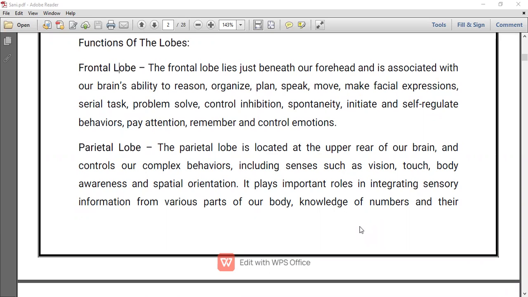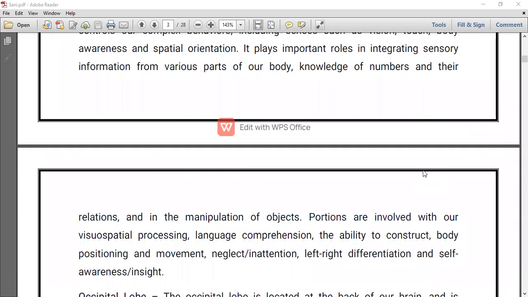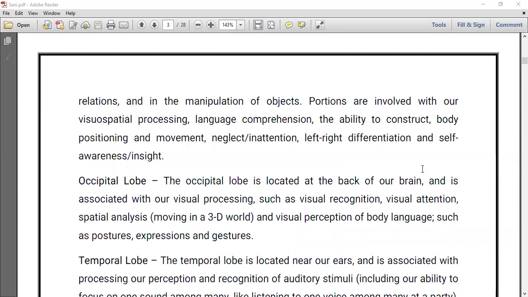It plays an important role in integrating sensory information from various parts of our body, knowledge of numbers and their relations, and in the manipulation of objects. Portions are involved with visual spatial processing, language comprehension, the ability to conduct and body positioning and movement, neglect, intention, left right differentiation, and self-awareness insight.